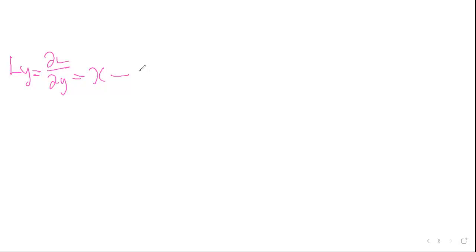So we get 2 lambda, because when you multiply 2 by lambda, you get 2 lambda. And then don't forget to equate it to 0.